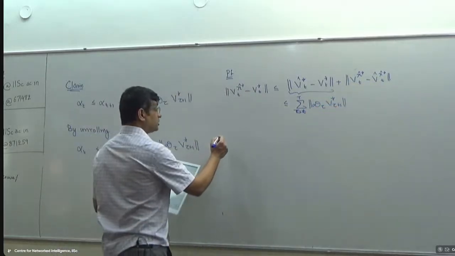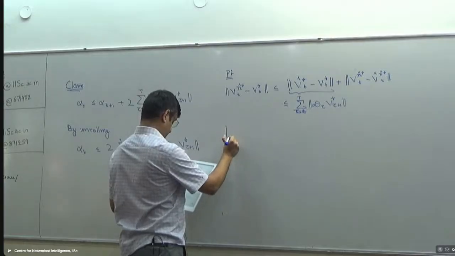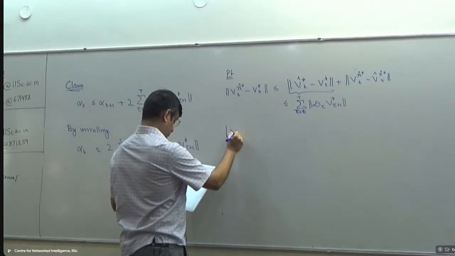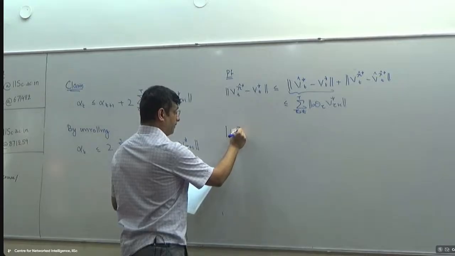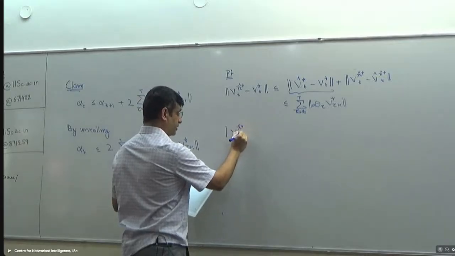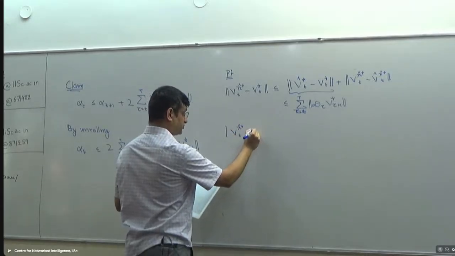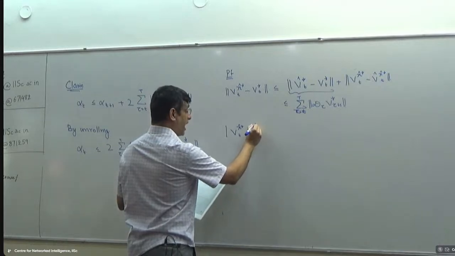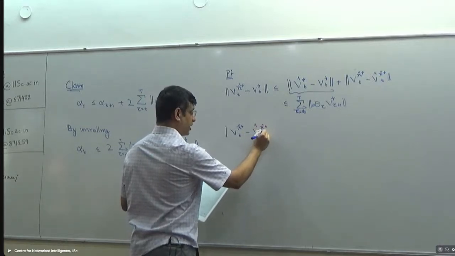This term now is V pi hat star t minus V hat pi hat star t.